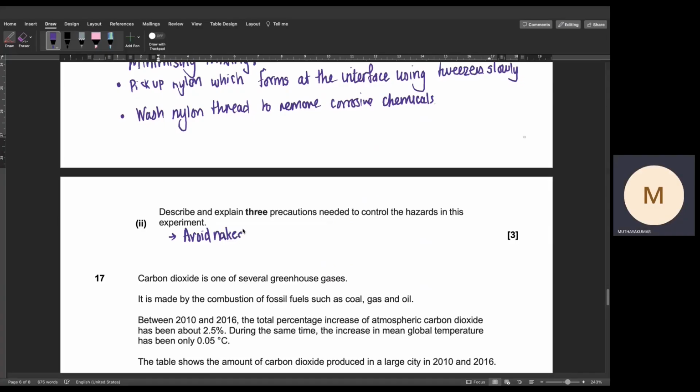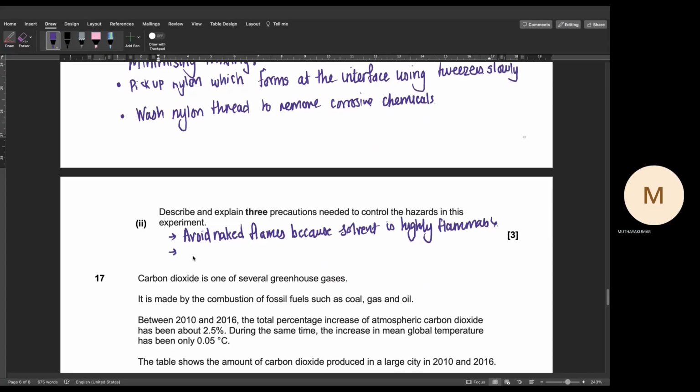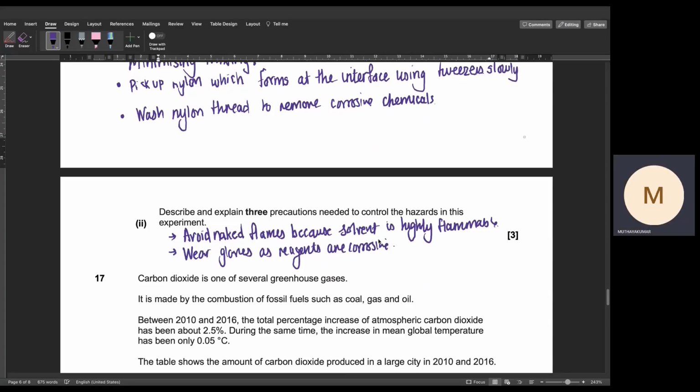And we've got to not only describe but explain. So avoid naked flames because solvent is highly flammable. Wear disposable gloves because the reagents are corrosive. And also wear eye protection for the same reason. Reagents are corrosive.